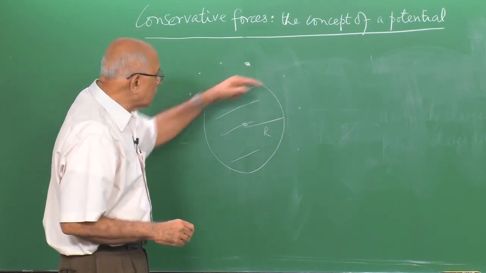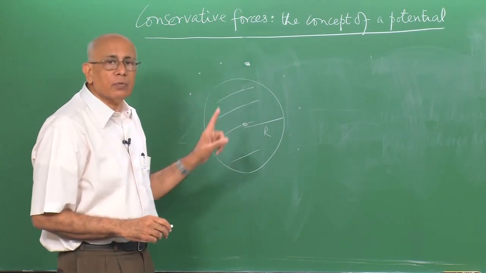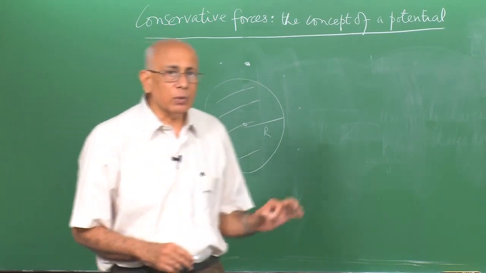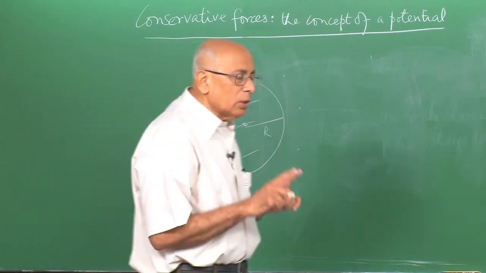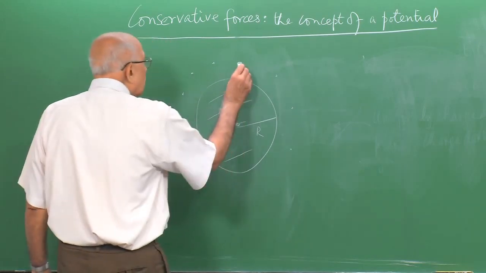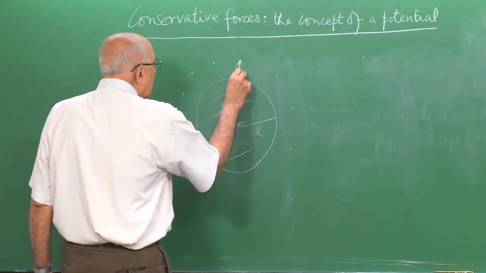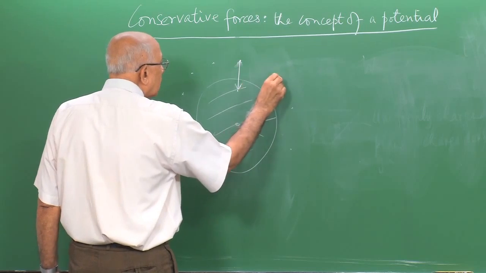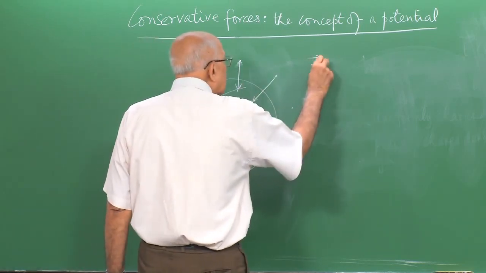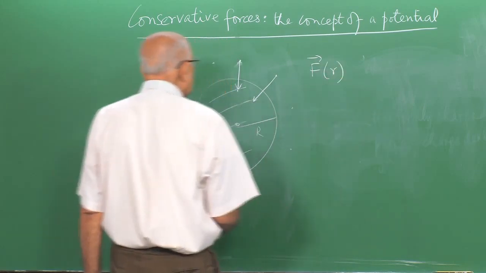At all points at a given distance little r from the center of the Earth, the gravitational force is the same in magnitude and acts always towards the center of the Earth, towards the center of this mass distribution. So the force at this point acts inwards this way, and the force at that point acts inwards this way, and therefore we could write this force at a distance r from the origin.